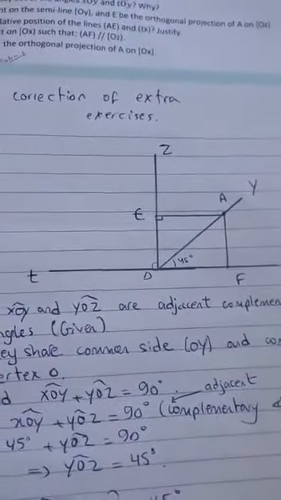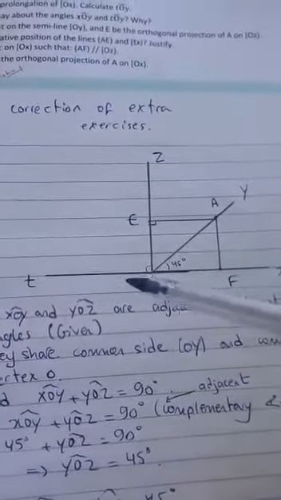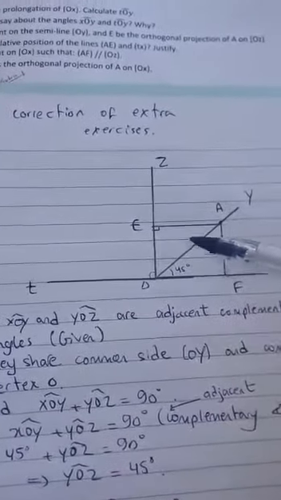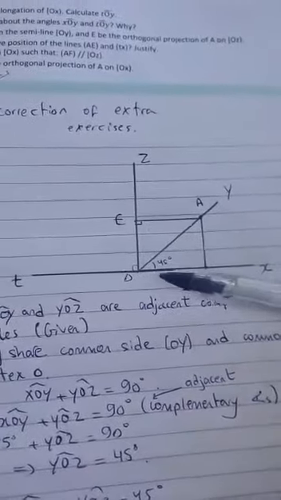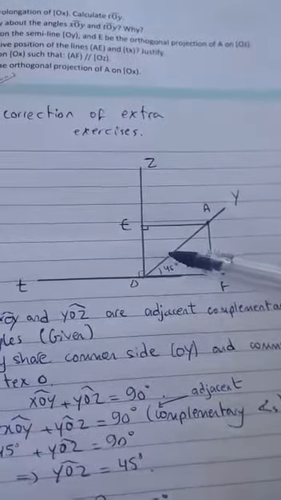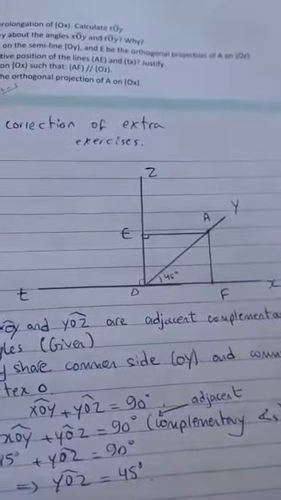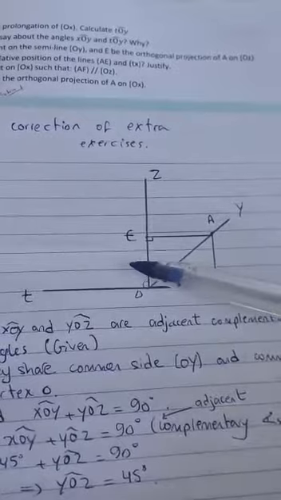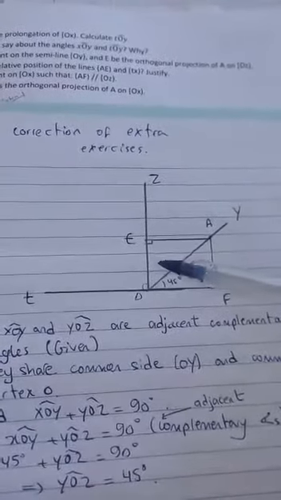Or we can say that ZOT and XOZ are adjacent supplementary angles. If this is 90 degrees, then the other will be 90, since their sum here is 180. So ZOT is 90 and we have YOZ 45.